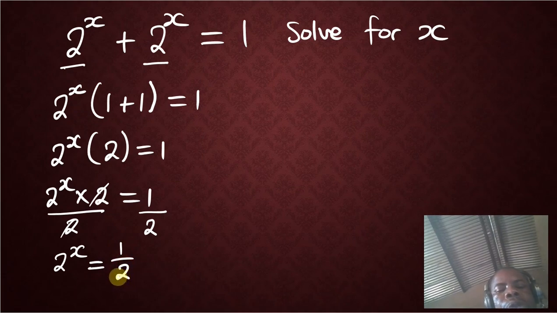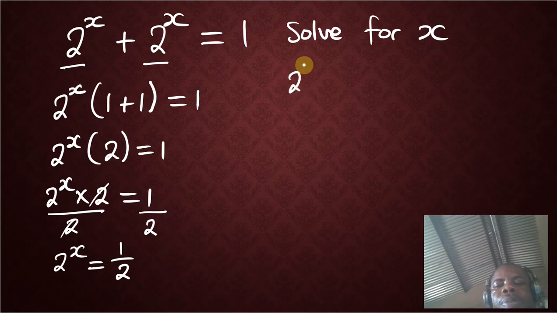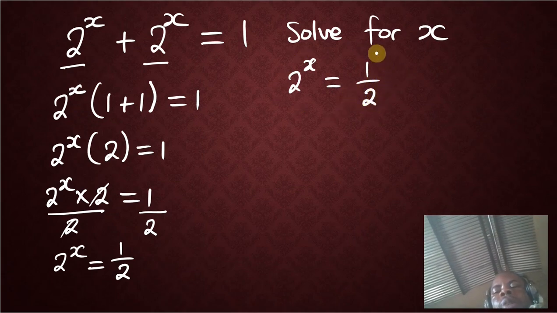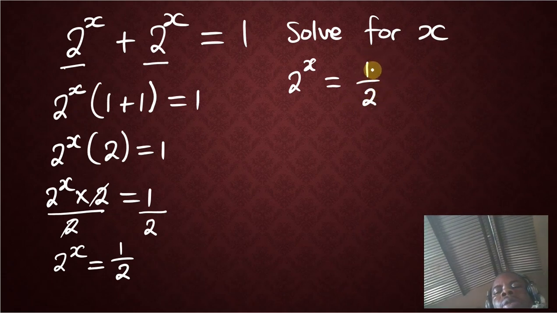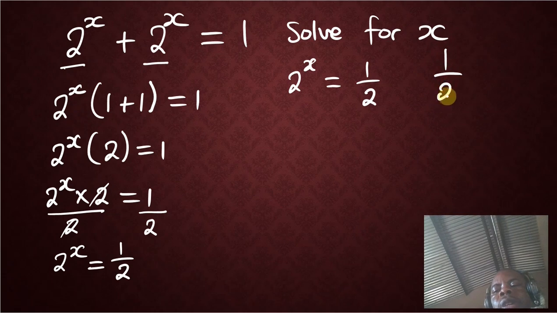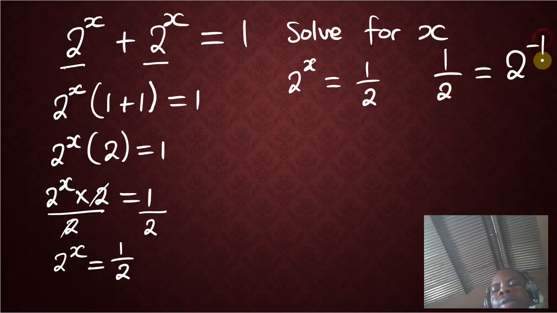Let me rewrite it here. You have 2 to power x is equal to 1 over 2. For you to solve it, you can put 1 over 2 in index form. You are going to use the rule of reciprocal, which says 1 over 2 can also be rewritten as 2 to power negative 1.